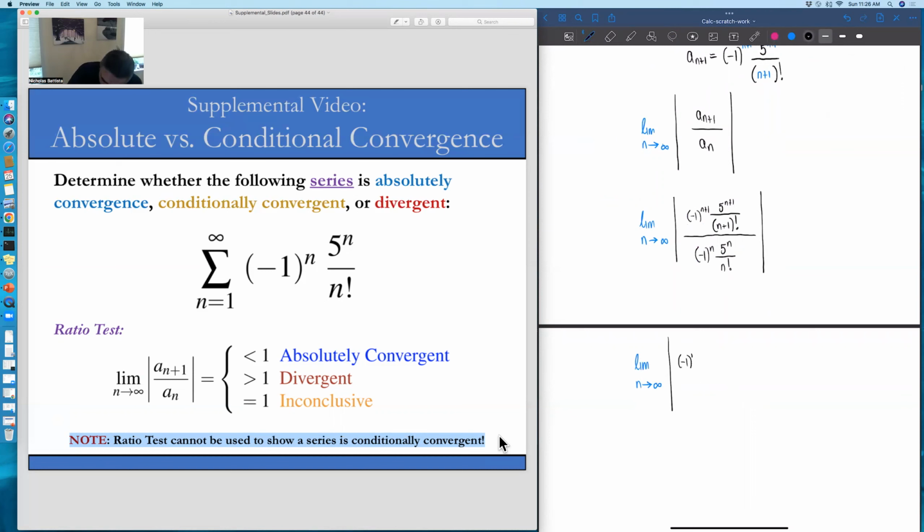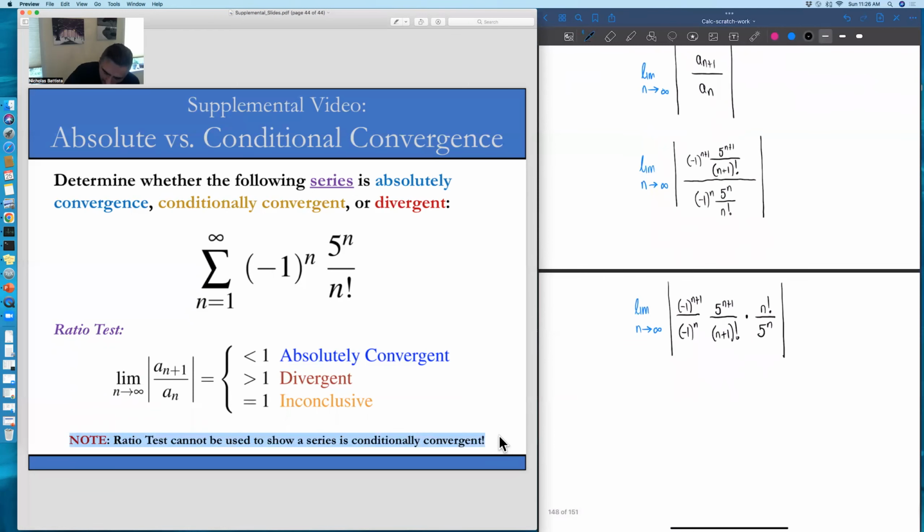So you have (-1)^(n+1) all over (-1)^n. But next, I want to take the denominator of the original fraction, reciprocate that, and multiply it on. So I'll still have the 5^(n+1) all over (n+1) factorial, but now I'll reciprocate that original denominator and multiply it. So we get n factorial all over 5^n.